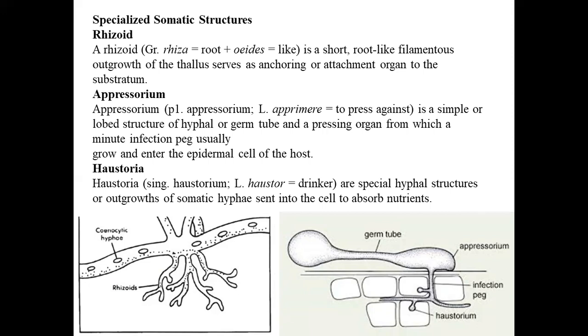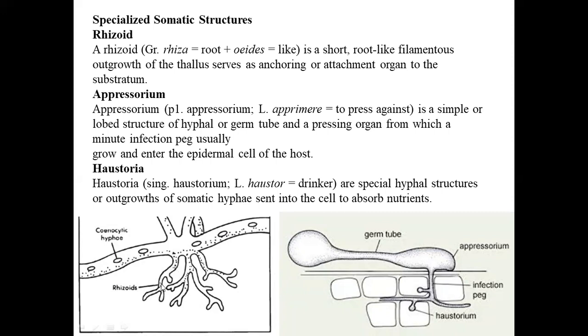A rhizoid is a short root-like filamentous outgrowth of the thallus, which serves as an anchoring or attachment organ to the substratum. You can see here, if this is a fungal structure, coenocytic hypha is there. So a lower part develops some kind of attachment over the substratum, which is known as rhizoids.